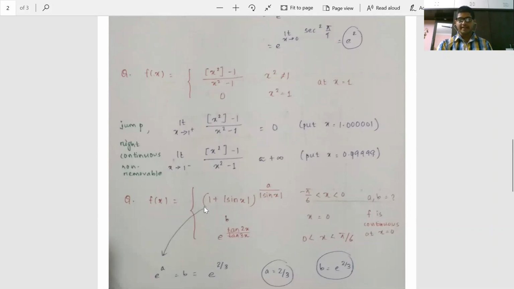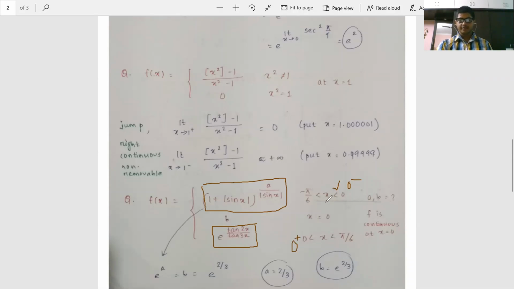Definitely you have to take the LHL from this part, the function value is this b, and the RHL value you have to evaluate from here. Clear? Because 0 minus you take from here, and 0 plus you take from this region.